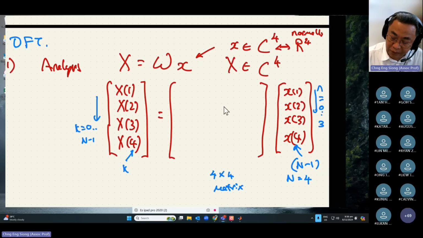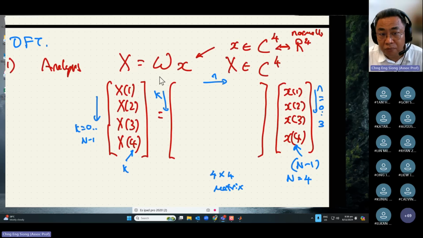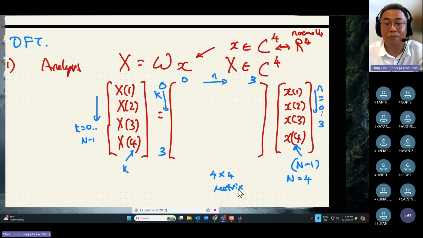If I were to write a number here, this would be against n, and here would be against k. So n is running from 0 to 3, and k is running from 0 to 3 as well. So it's a 4 by 4 matrix. What are the elements here, guys? What would I write?